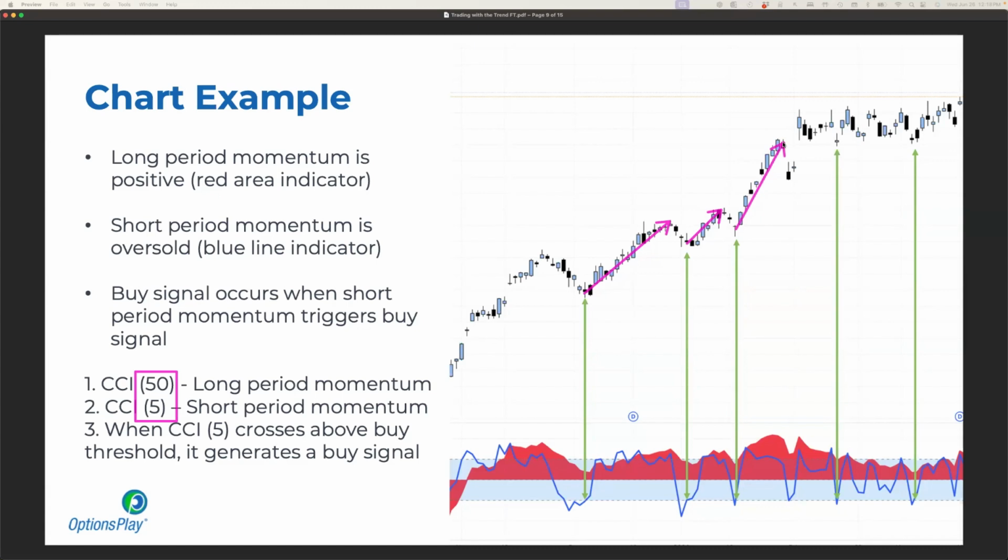Notice how good it is at triggering these moves and buying very much at the bottom of these counter trend moves and capturing as much of that next move as possible. Okay, and that's why this is the one specific strategy that I have carried with me for the last 17 years in my trading.